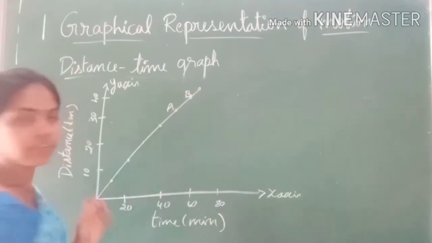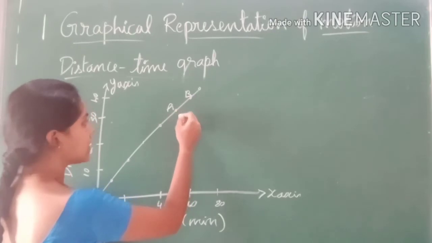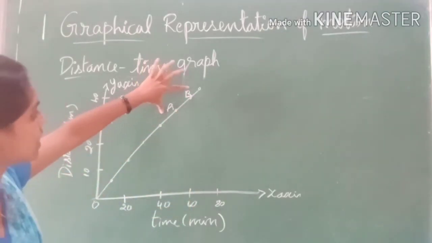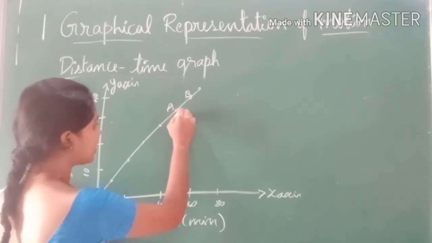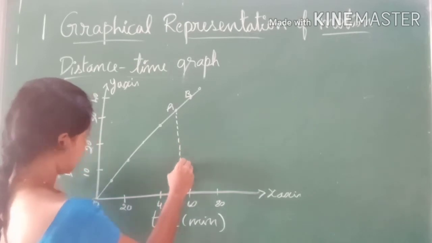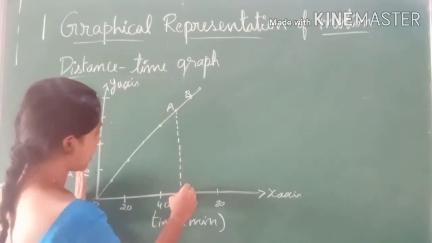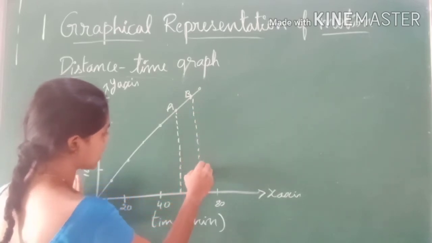So how can I find out? The method is, in order to find the distance covered along AB, draw a parallel line to the y-axis and also draw another parallel line along the y-axis.